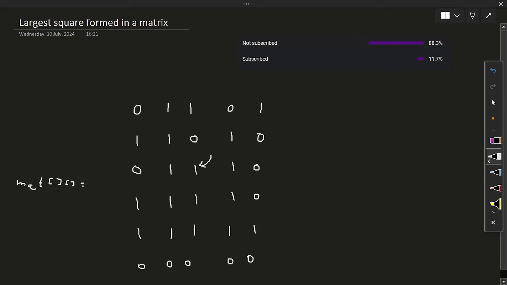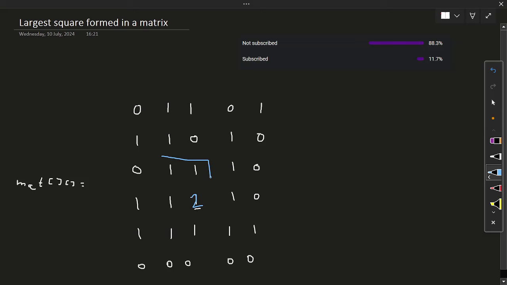At this cell, the minimum length is 0, so we add 0. The next cell is this. Take the minimum: it is 1. So add 1 here, so it will be 2 now.